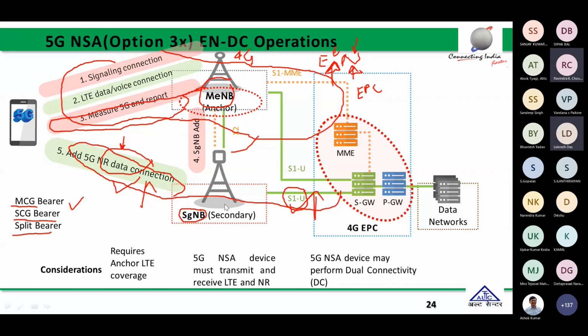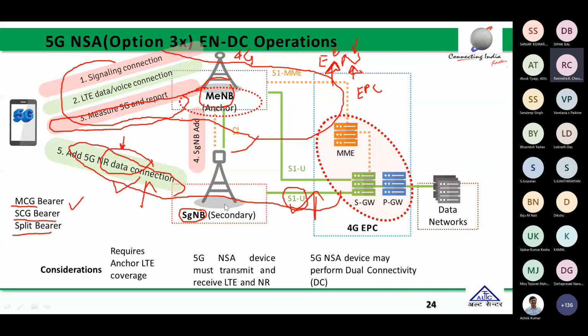Sir, in the case of the NSA mode, the increase in the download will be whatever is provided by the LTE connection plus whatever could be provided through 5G NR, right, sir? Right.